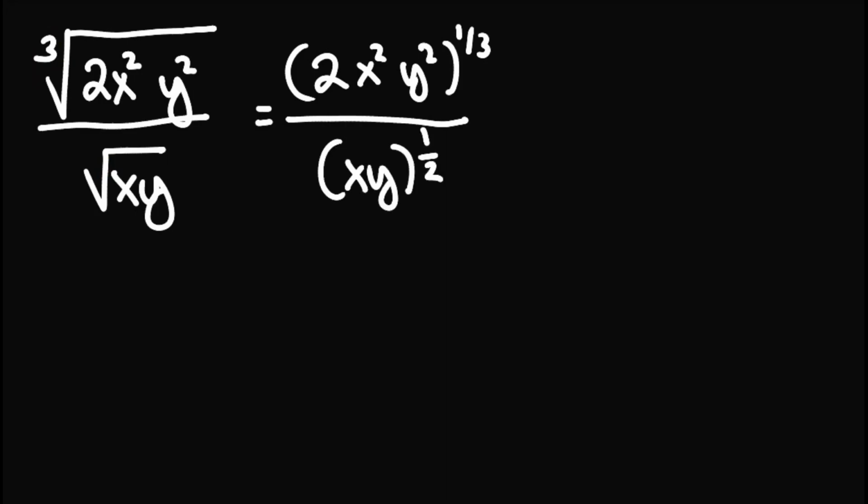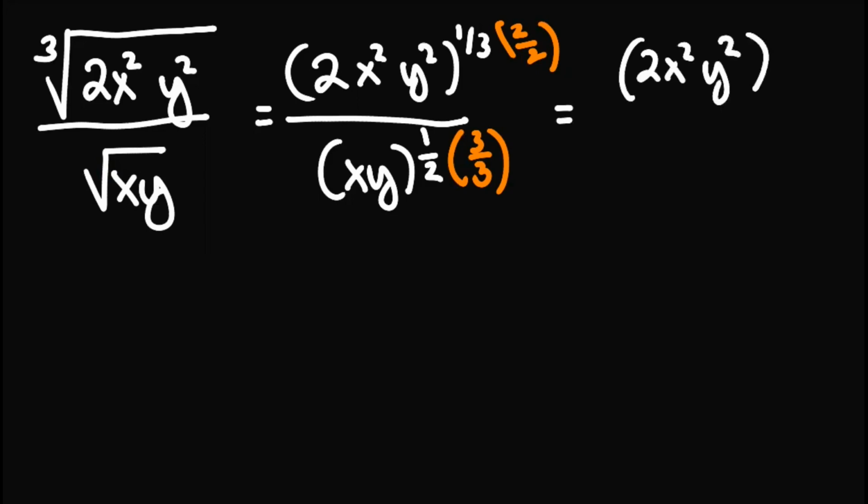And what do we multiply to make the denominators out here the same? Well, in here we can multiply 2 over 2, and in here we can multiply 3 over 3. So this one will become 2x squared y squared raised to 2 over 6 all over xy raised to 3 over 6.